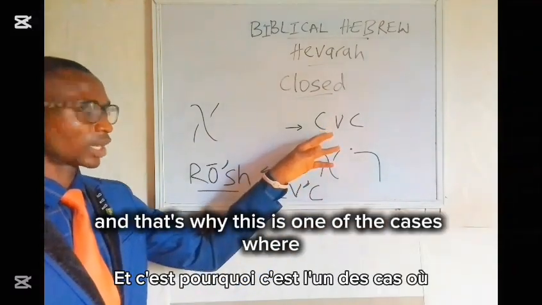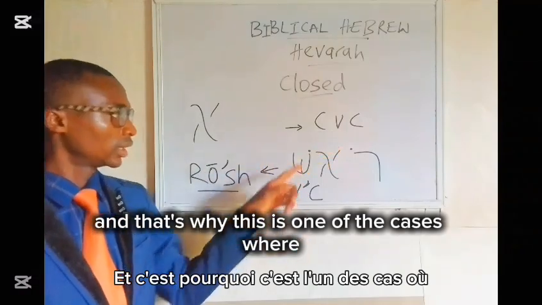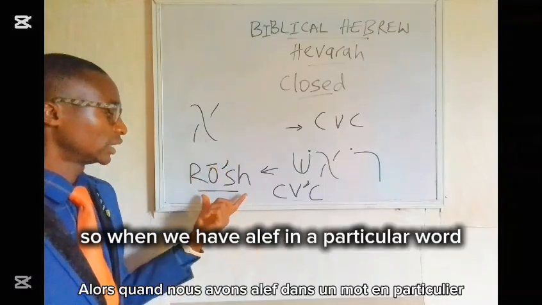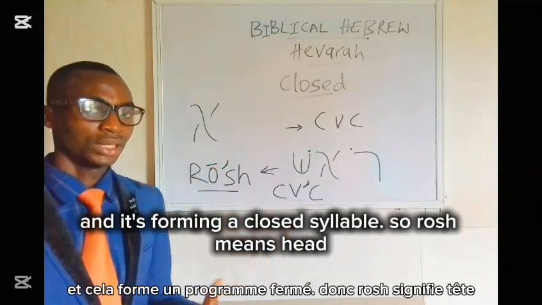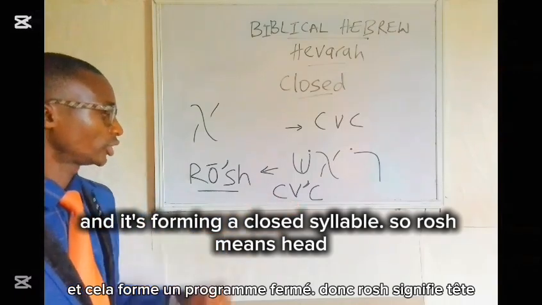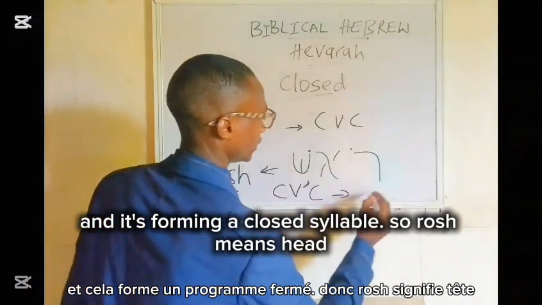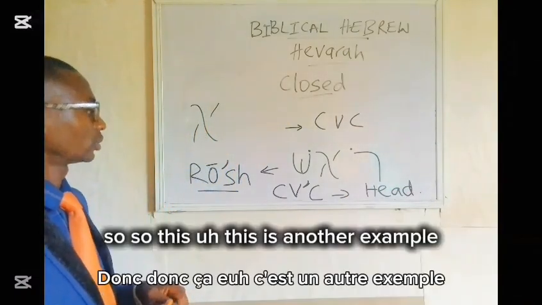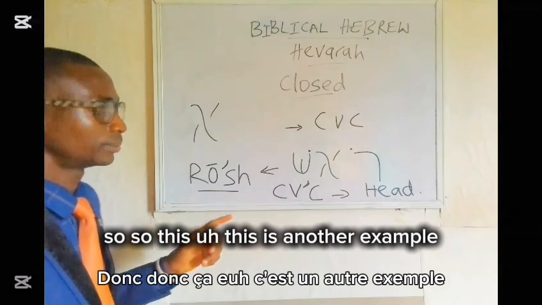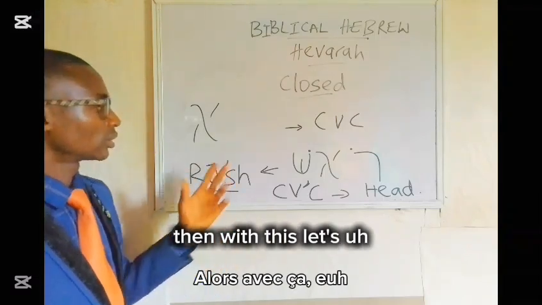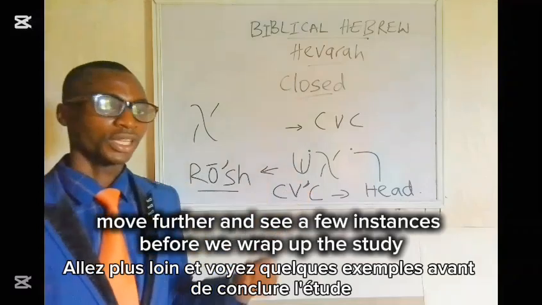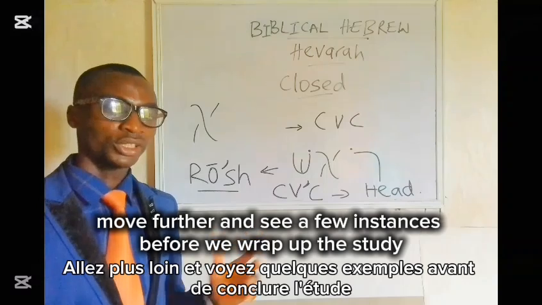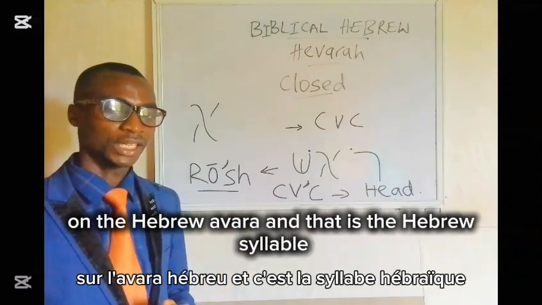This is one of the cases where this particular structure might be altered, when we have aleph in a word forming a closed syllable. So rosh means a head. This is another example. With this, let's move further and see a few instances before we wrap up the study on the Hebrew syllable.